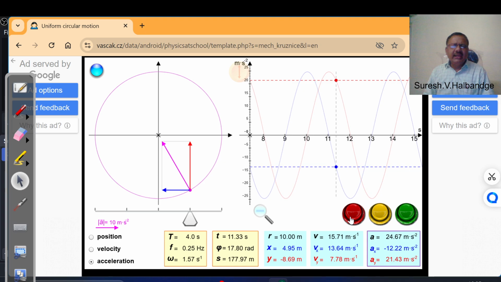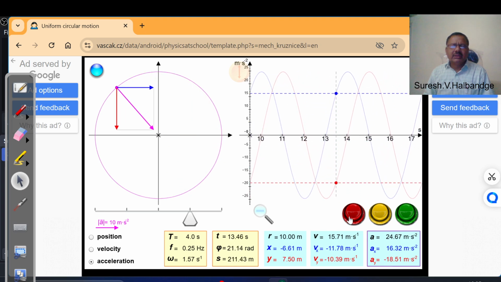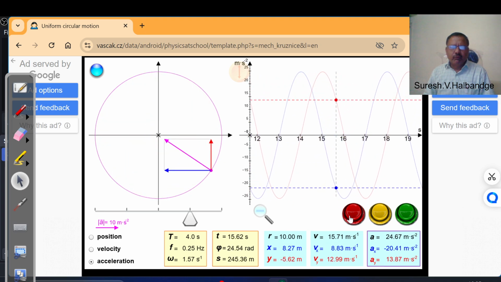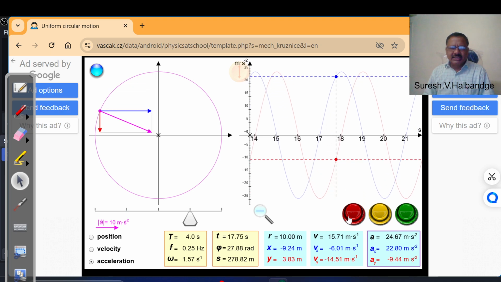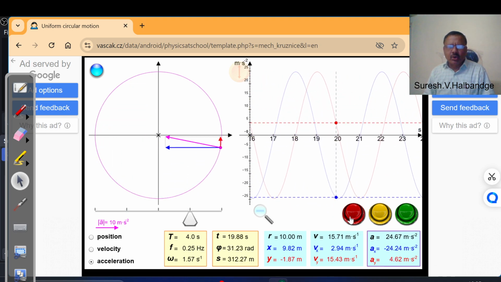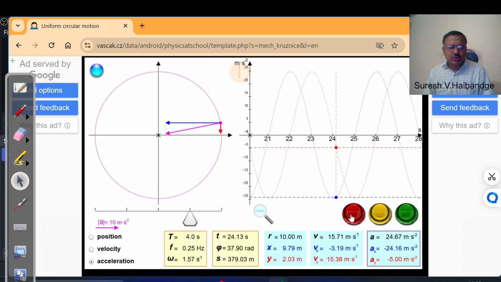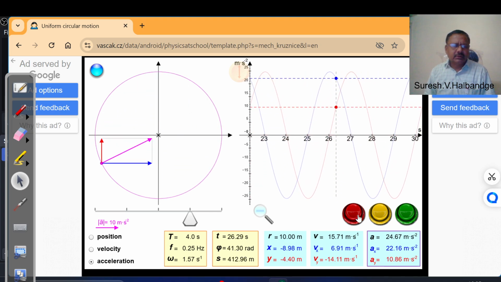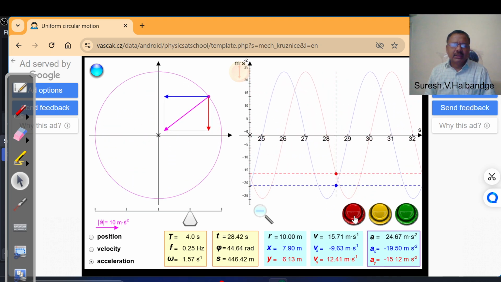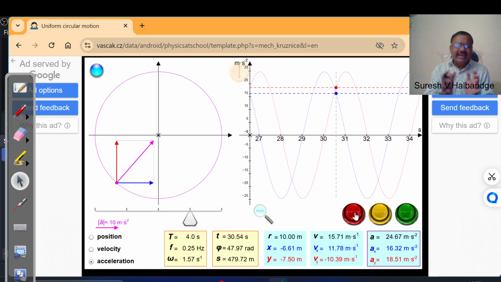Similarly, we can have the displacement, velocity, and acceleration in the case of wave motion and also in oscillatory motion. So in this way, we can have the analogy.